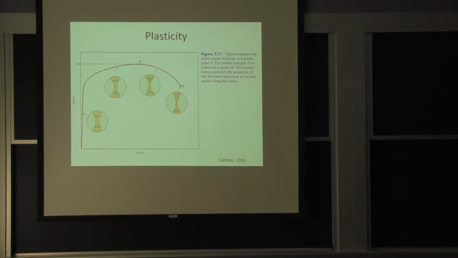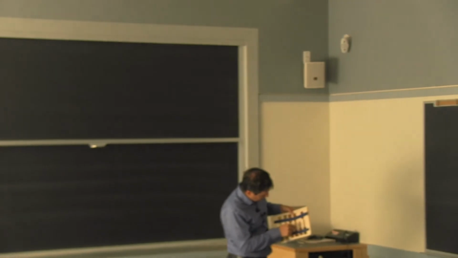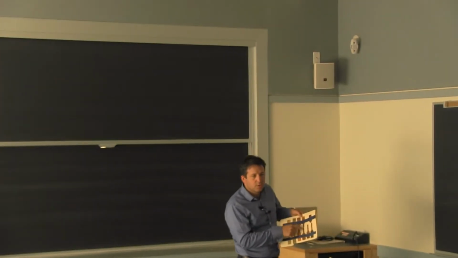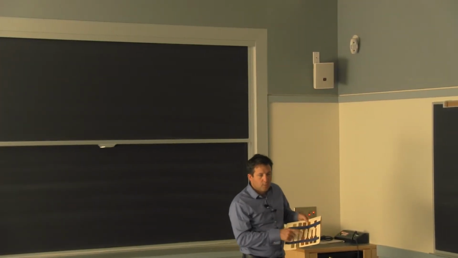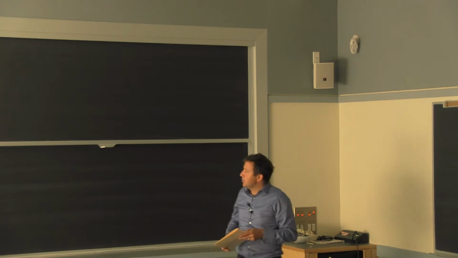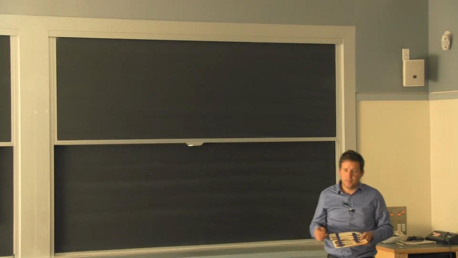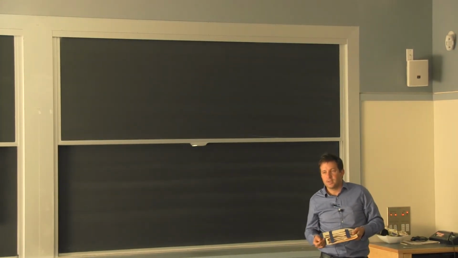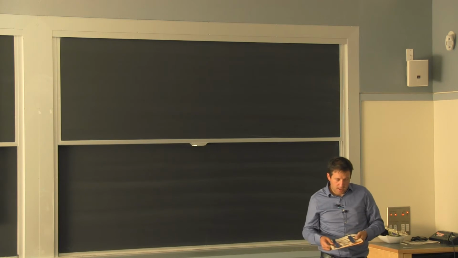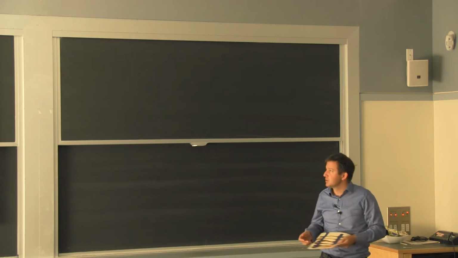So it's stretching here, and I ended up with something a little longer, but it was the same deformation through the whole gauge length here. When I reached the peak load, the maximum there, all of a sudden I have necking. So the deformations start to localize in one area, and the apparent resistance of the material starts going down.